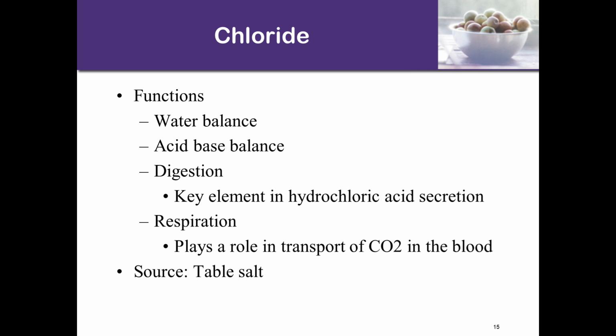Next is chloride. Chloride helps in water balance, just like sodium. The source of chloride is also the same, table salt. Chloride helps in acid base balance and digestion, and is a key element in hydrochloric acid secretion.